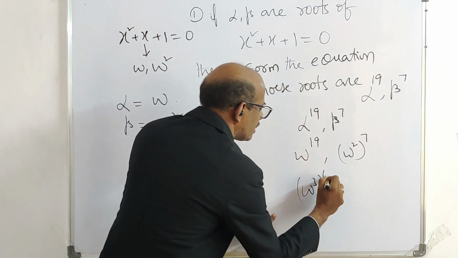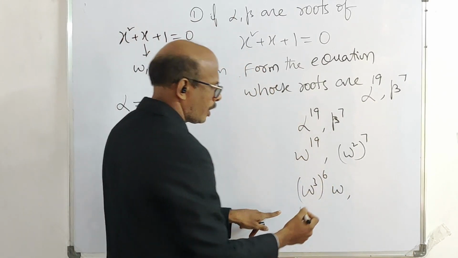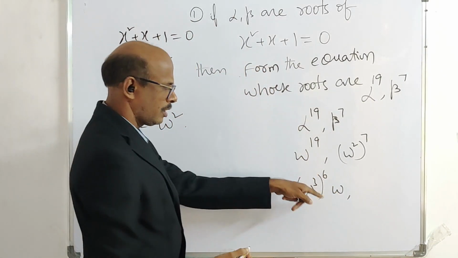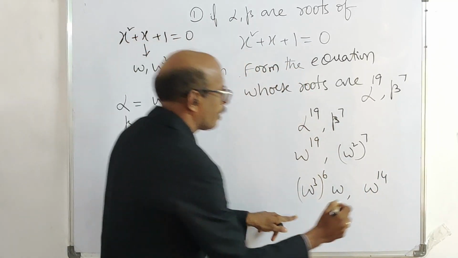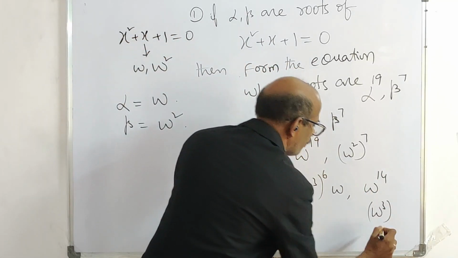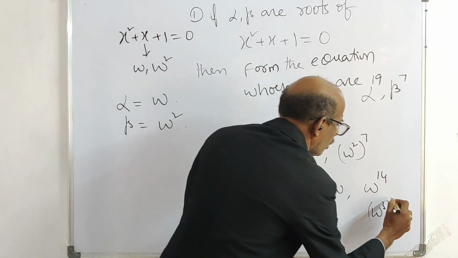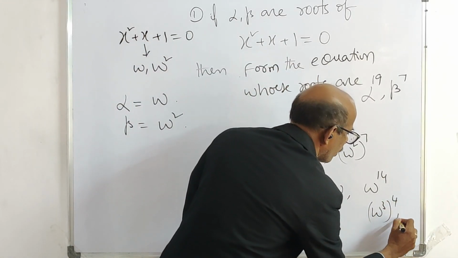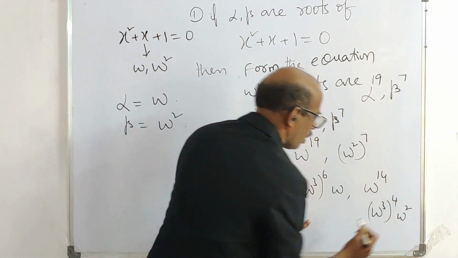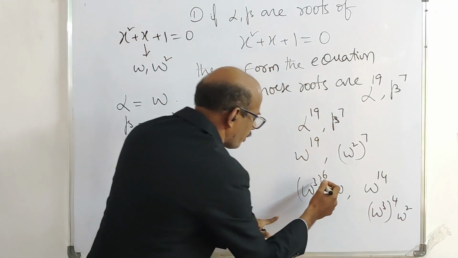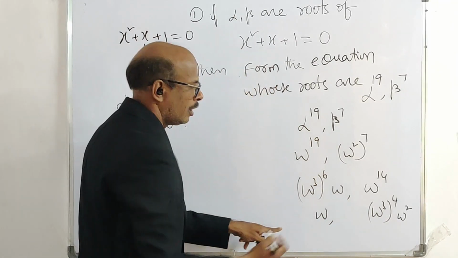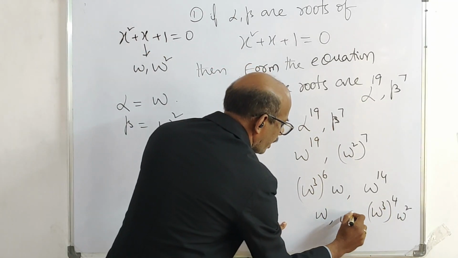Omega power 19 will be omega power 18 times omega, and omega power 14 means omega power 12 times omega square. By knowing the standard result omega cube is 1, this will be omega, and the other will be omega square.